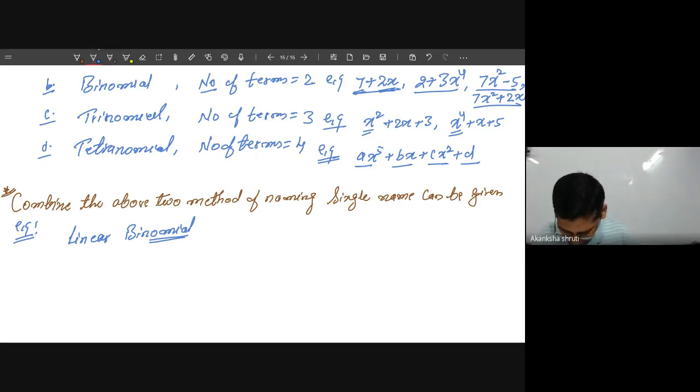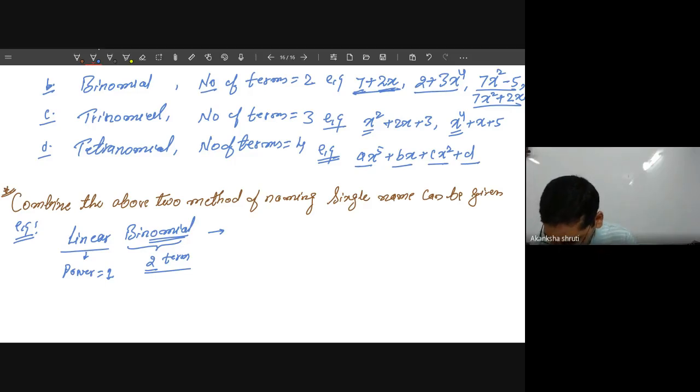Let us write an example of linear binomial. A student, linear means the power should be 1. And binomial simply means it must have 2 terms. So we have to write 2 terms in a variable, but highest power of the variable should be 1 and 1 only.